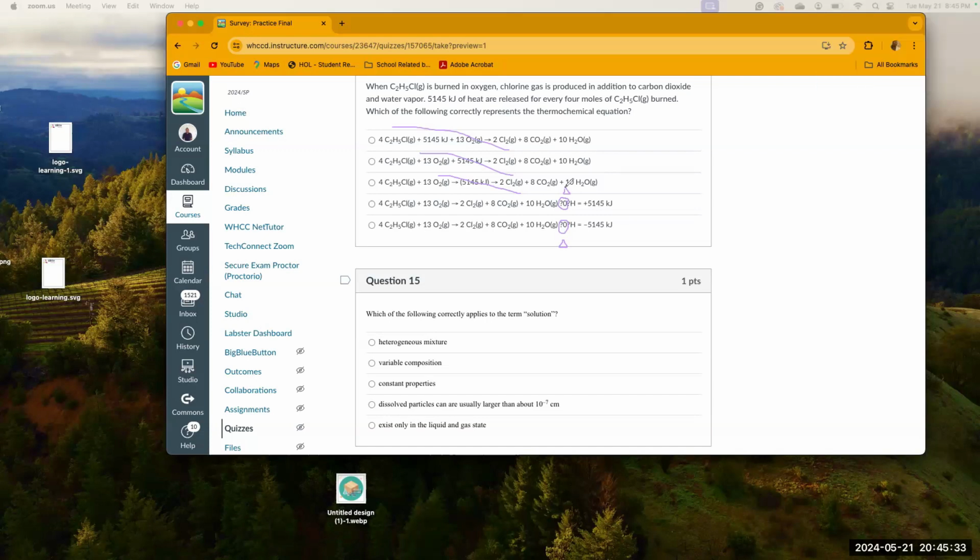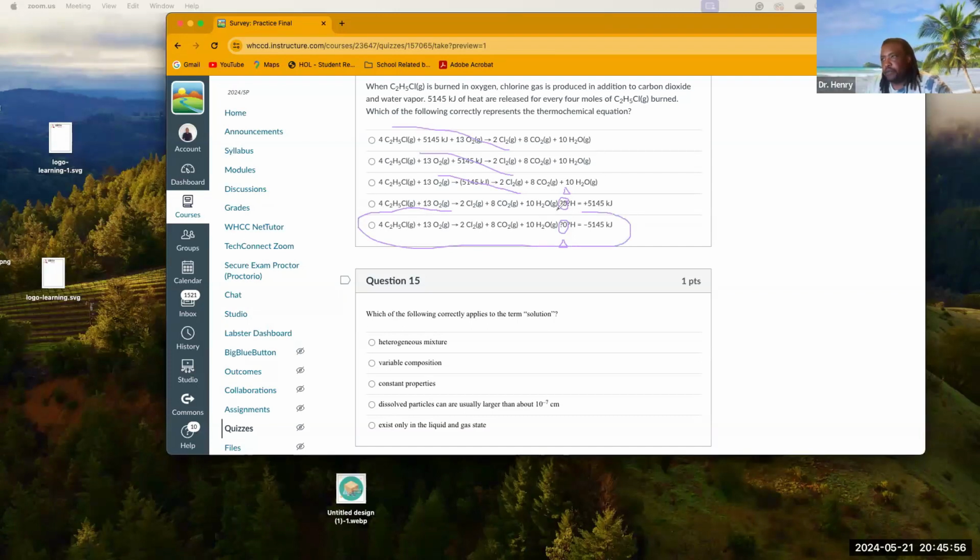The positive would be the release. Are you sure? Apparently not. That is correct. So it's the negative sign that represents energy being released. So in this case, we're going to have it minus. When we say plus, that means that we're adding energy to the system. So the correct answer is the last one.